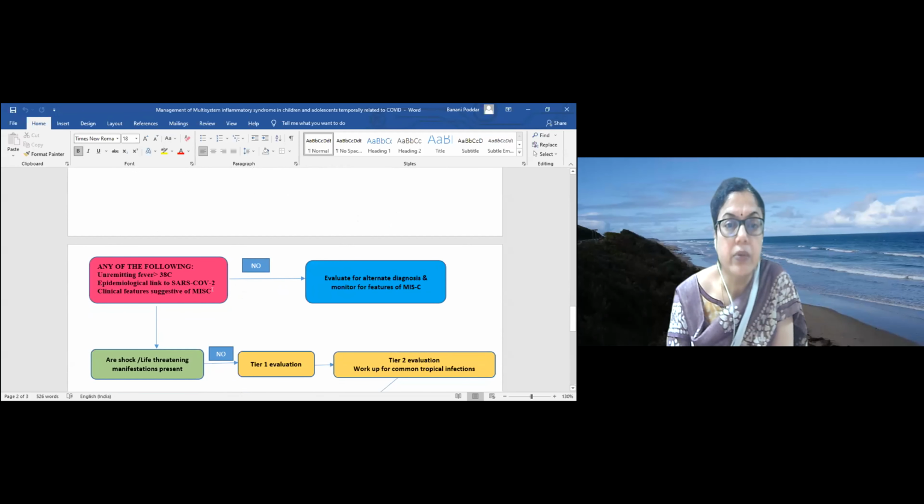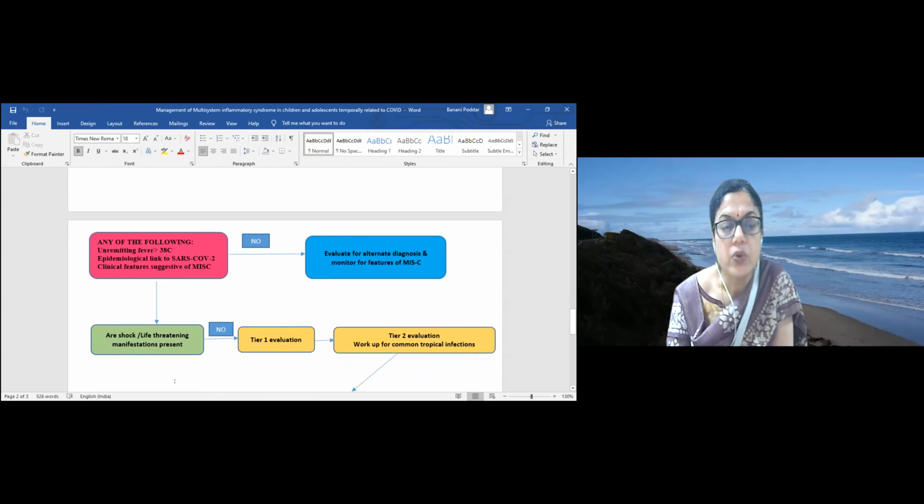So basically, we look at it like this. If you have these with an epidemiological link to SARS-CoV-2, if you do not have that, then you evaluate for something else. If you have it, then you look for whether there are any life-threatening manifestations.